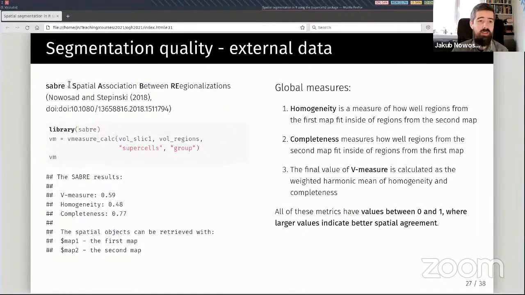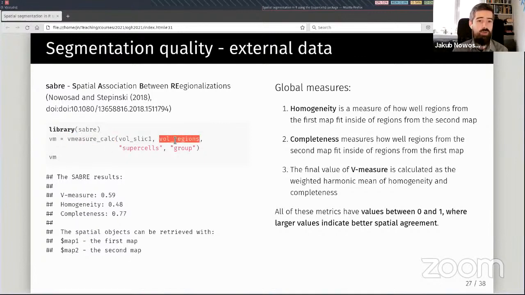SABRE stands for Spatial Association Between Regionalizations. The role of this package is basically to compare 2 maps with each other. Those 2 maps could be either vector maps or raster maps, but they need to have some zones or regions. The main function in this package is called vMeasureCalc.